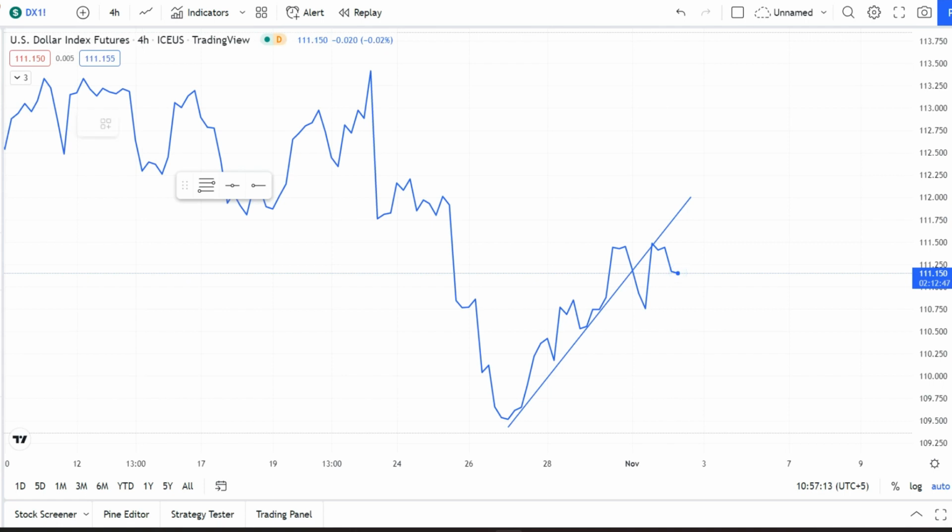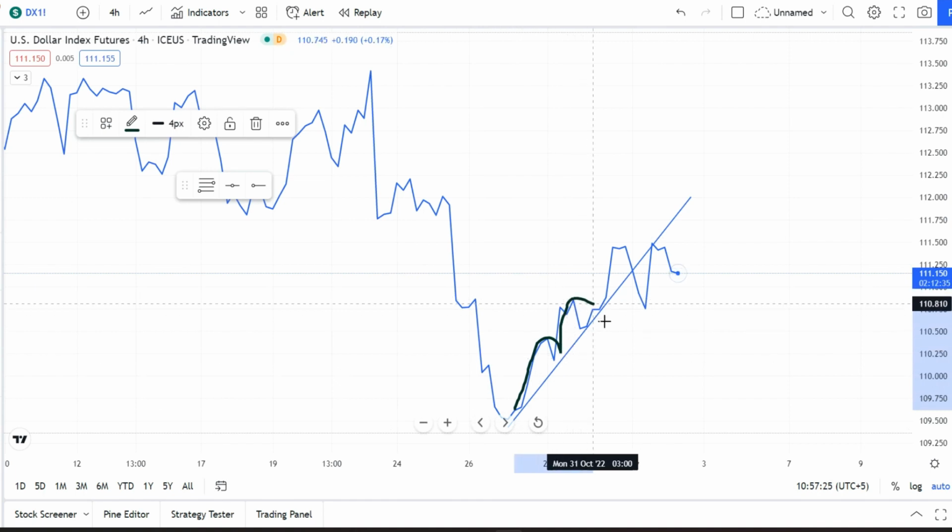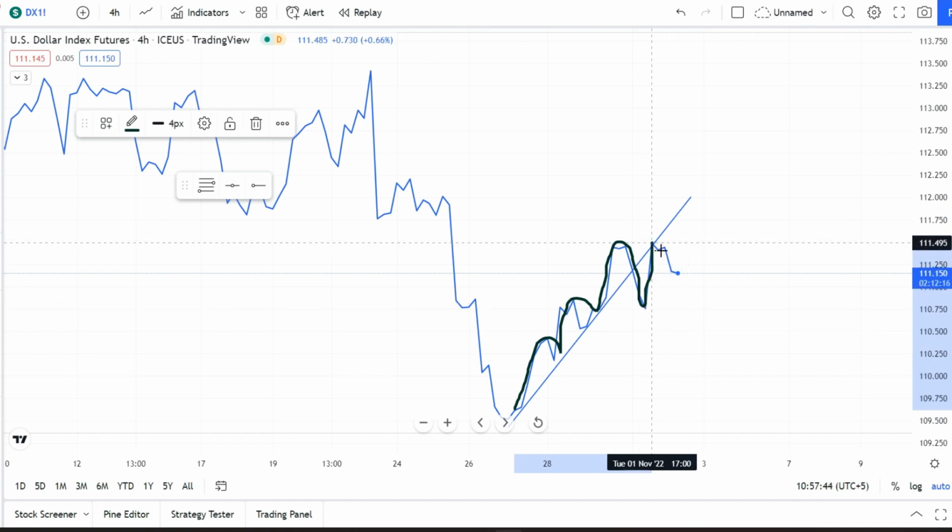But on the line chart you are able to see that on this trend line the market gives us a swing point, then again the market moves upside, then again gives us a swing point, then again goes upside, then again the market has given us the breakout. Recently the dollar was bullish, then the dollar broke that bullish trend line, then again the market has given us the retest, and on the basis of the retest it is falling downside again.